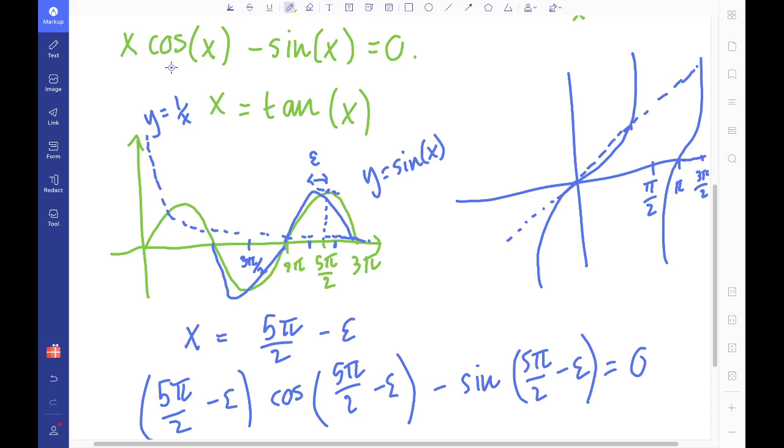So I differentiated sine x over x, and we found x cos x minus sine x all over x squared. We set that equal to 0, so of course the denominator of that expression doesn't matter, the x squared on the bottom wouldn't matter. And then we substituted in x is equal to 5 pi over 2 minus epsilon. We're going to attempt to solve this now.